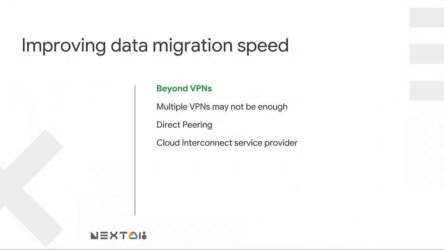Speed. I process terabytes of data per day, and my VPN connection is not fast enough or doesn't have enough bandwidth. What do I do? So some people deploy multiple VPN connections. That might solve the problem for you, depending on the volume of data you're working with.